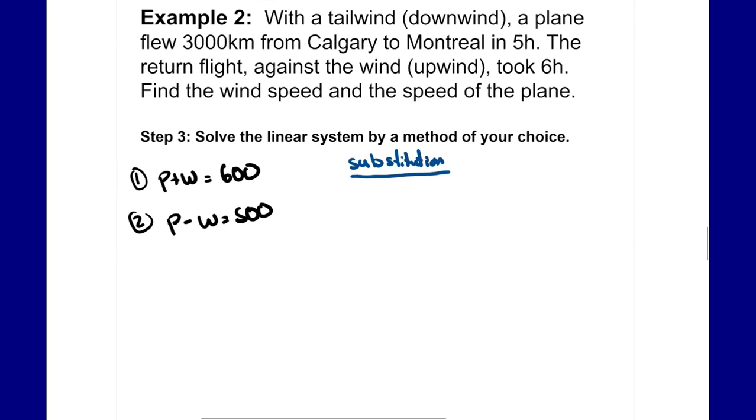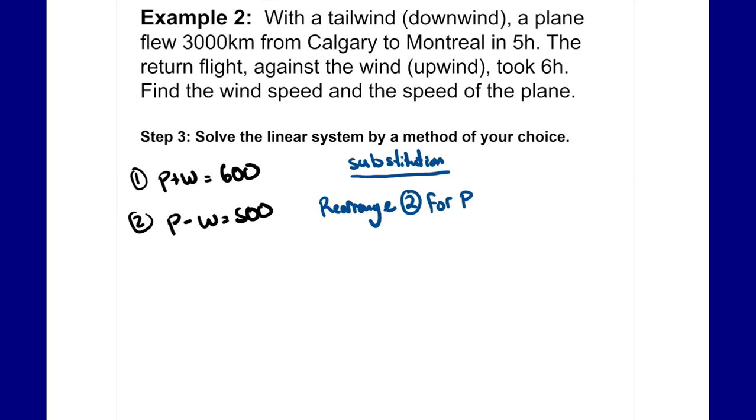So the first thing I need to do is rearrange. I'm going to rearrange equation 2 for p. I'm doing that just because by looking at it, I know that p is going to be the easiest to rearrange for. I move the negative w over, it becomes positive, and then I'm done.